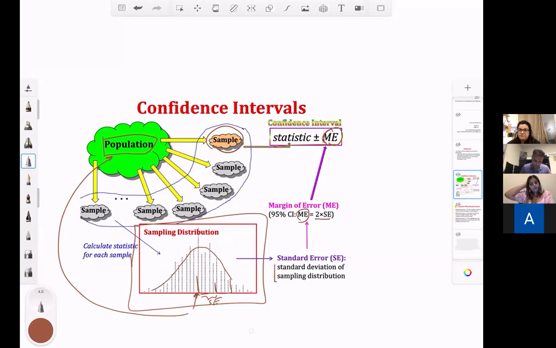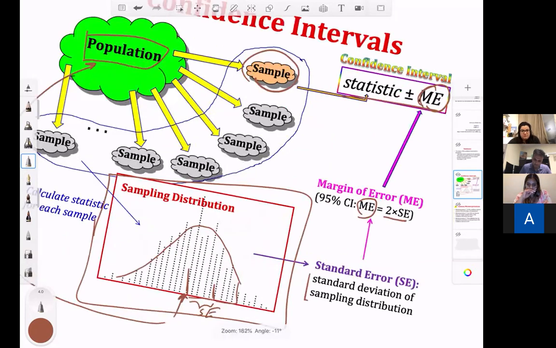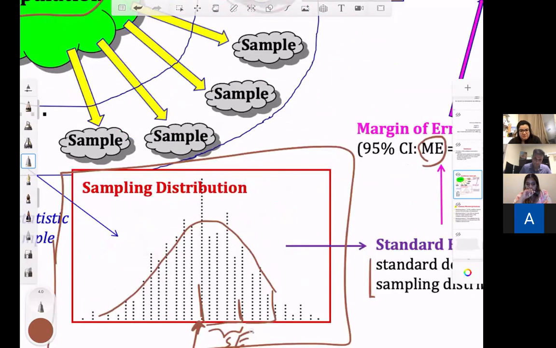So each dot here, each point, for example, represents one of the samples. This sample, this one, for example. All right. So each dot is a sample, and each sample has 500 people in it.